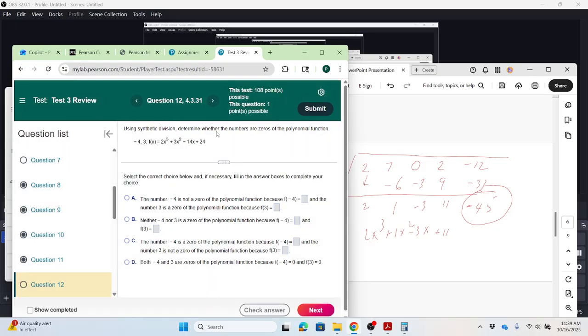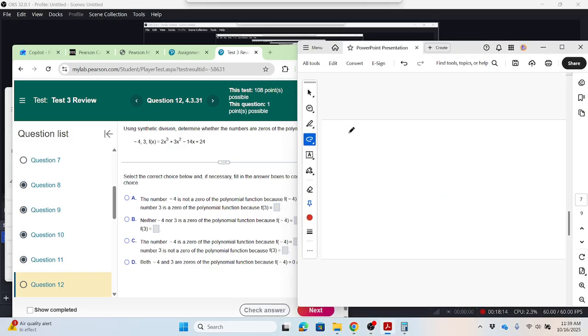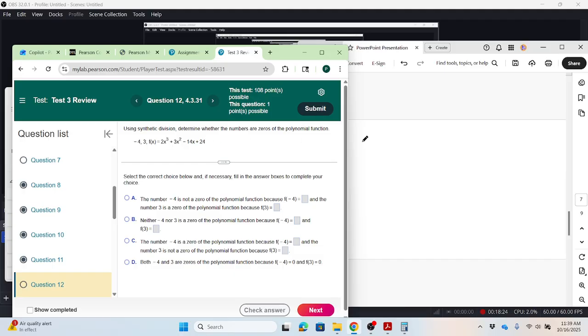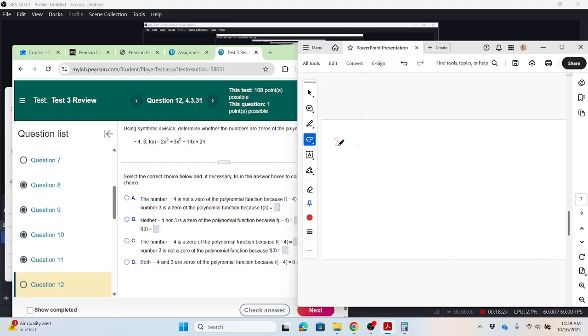Use synthetic division to determine whether the numbers are zeros of the polynomial function. If 3 and negative 4 are the zeros, then whenever you divide this by these numbers, the remainder has to be 0. So I'm going to do that here. First, start with the negative 4. Write down the coefficients of the polynomial on the top, which are 2, 3, negative 14, and 24.